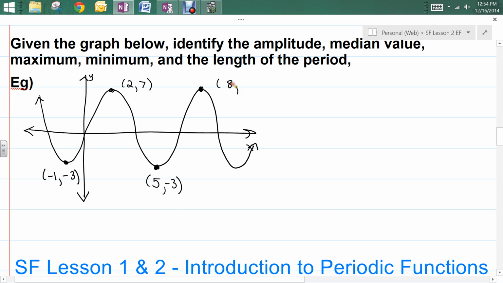This is going to be 8, 7, and so on and so forth. So there's this graph. I'll give you a moment to sketch it down. I made it up as I was going, so it makes it a little bit easier for me to write it.